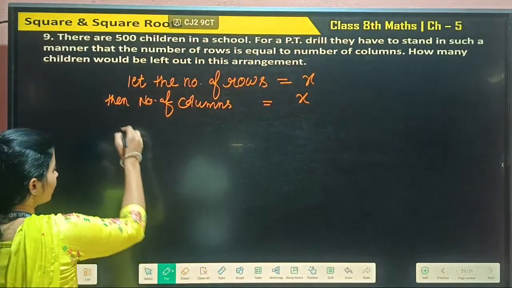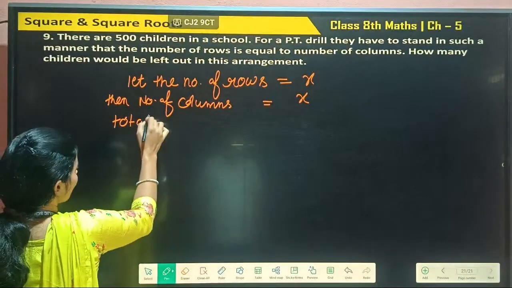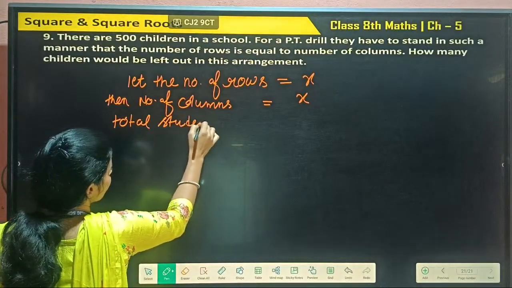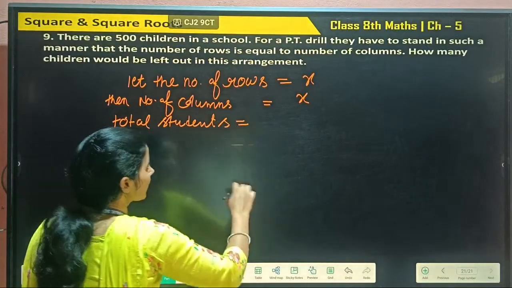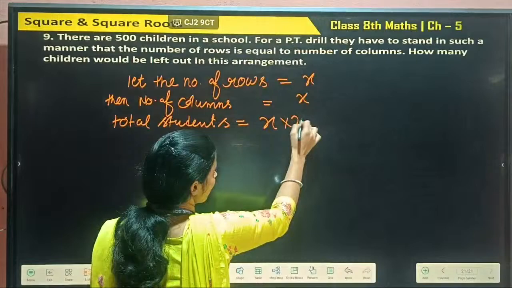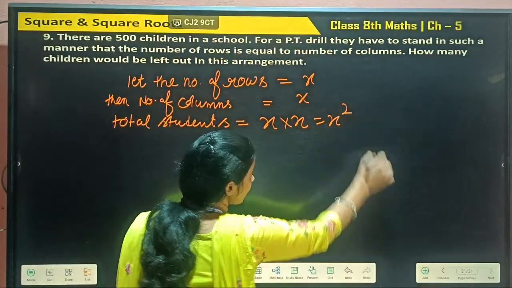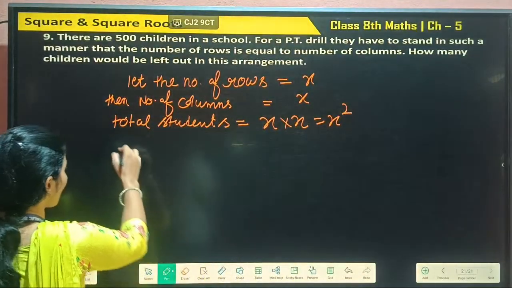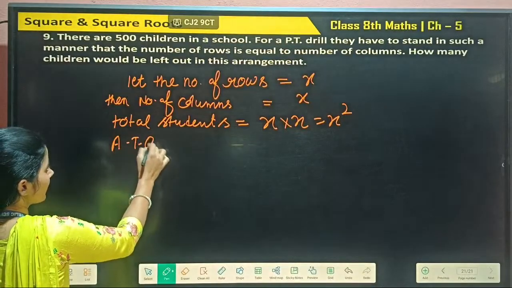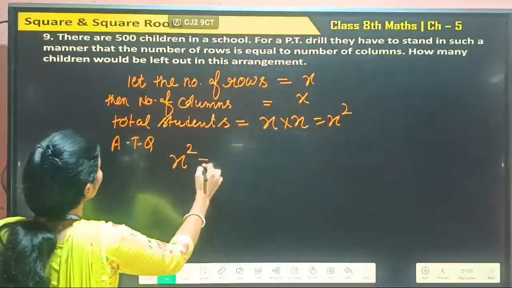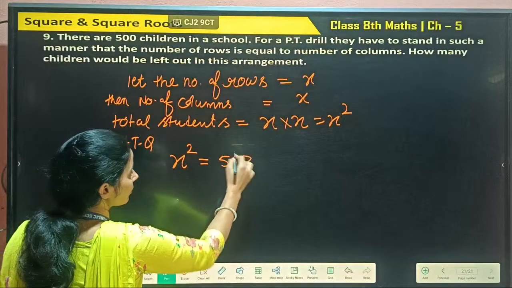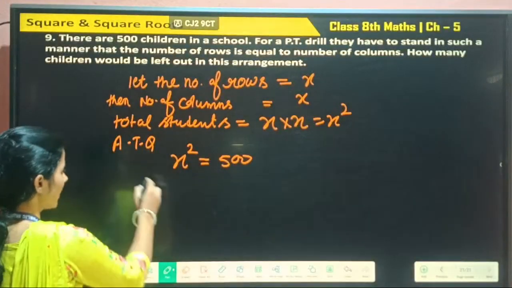Total students will be the number of rows into the number of columns, that is x into x, x square. But according to the question, the total students given to us are 500.